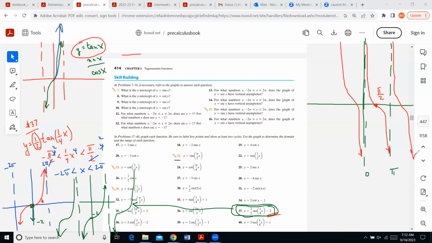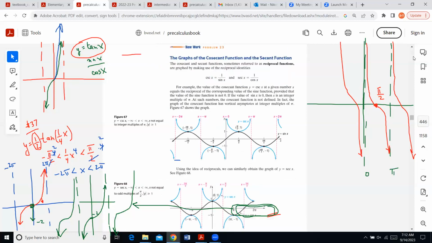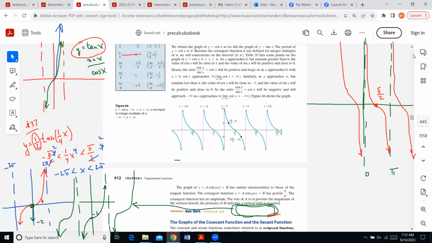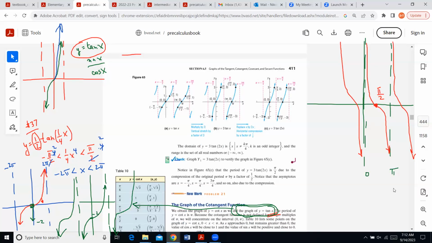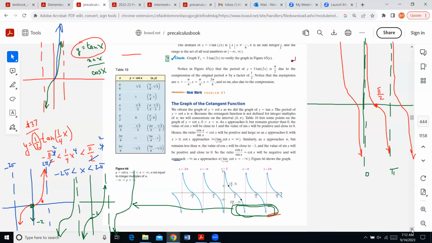Again, if you decide to double check, you can actually see how they did it. I think they did a pretty good job here at the beginning of this little section. They say the cotangent is a cosine over sine. So when you have a sine in your denominator, then the denominator gives you zeros. I just skipped that. It's a nice graph here.